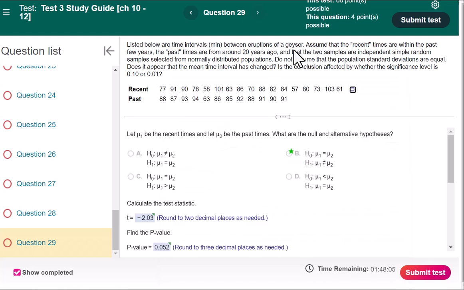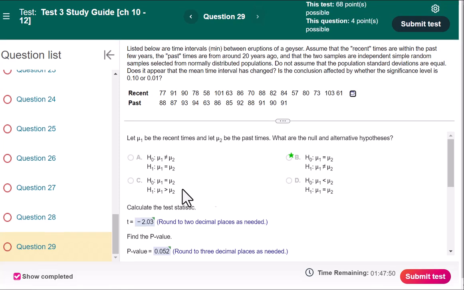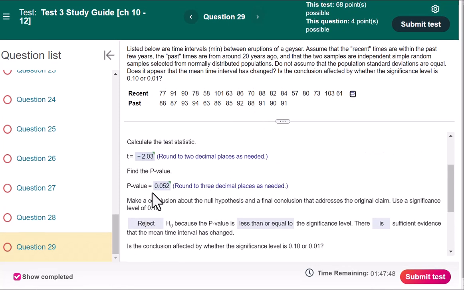What alpha is he giving me in the problem? Oh, 10%. This is less than 10%, so you reject the null hypothesis. But then he asks you to do it at 0.01. The p-value is bigger than 0.01, so you fail to reject the null hypothesis. So at 10%, you reject the null hypothesis and conclude that the mean time has changed. But at 1%, guys, you fail to reject the null hypothesis and conclude that there is not sufficient evidence to support the claim.